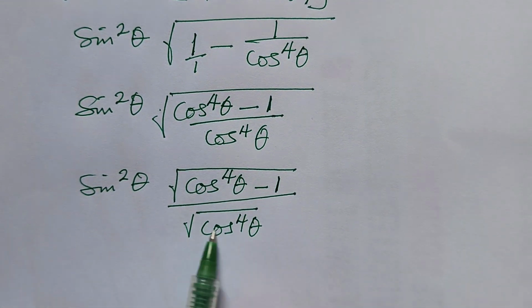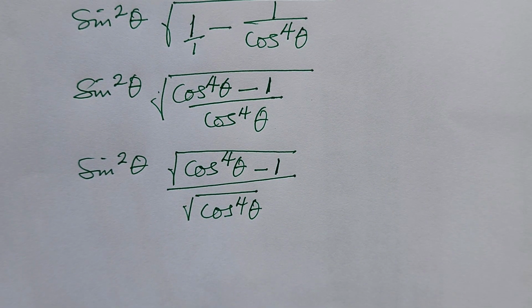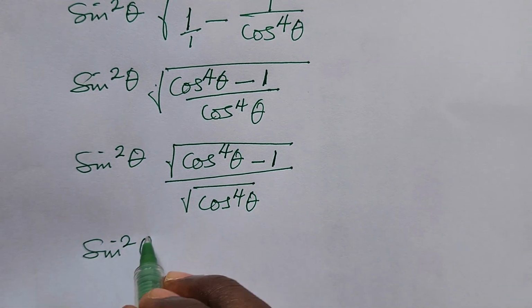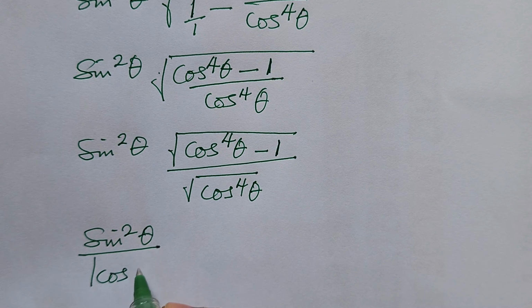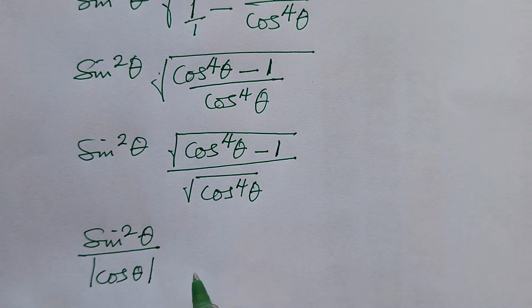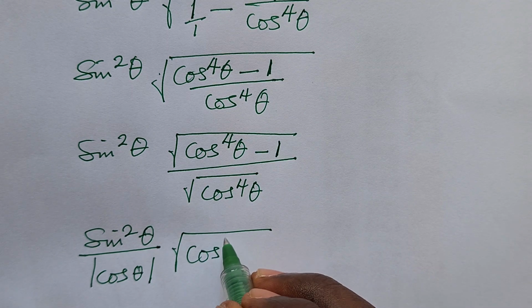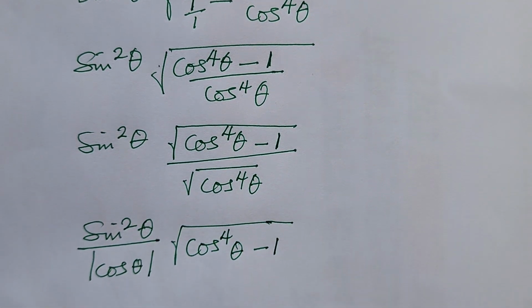So if we find the square root of this, it is going to give us the absolute value of cos theta. So this will end up giving us sine squared theta all over the absolute value of cos theta, into what we have here, cos to the power of 4 theta minus 1.